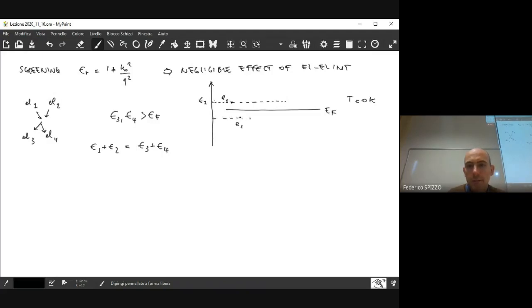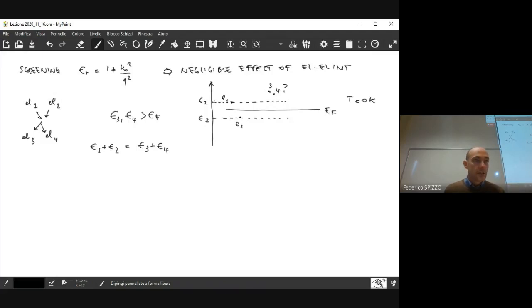E2 is here. We know that E3 and E4, those two electrons, have to stay at an energy that is larger than EF. But the question here is: is it possible for those electrons to stay up here? Is it possible to have this situation?